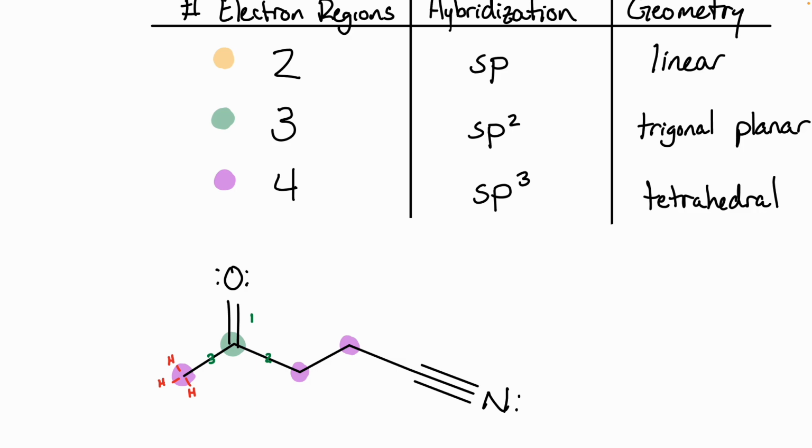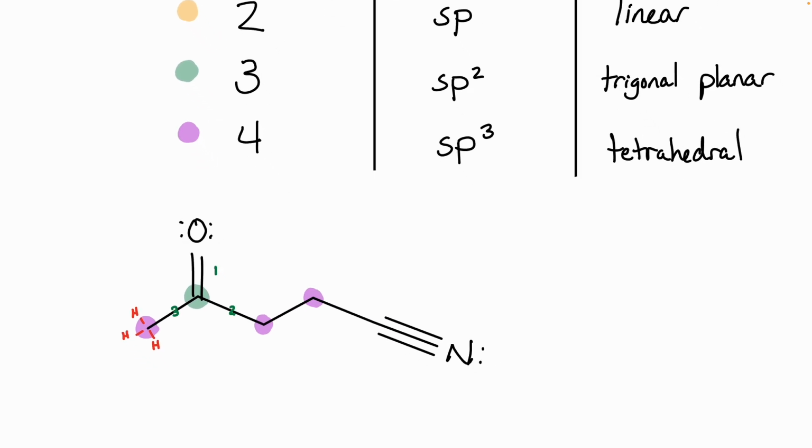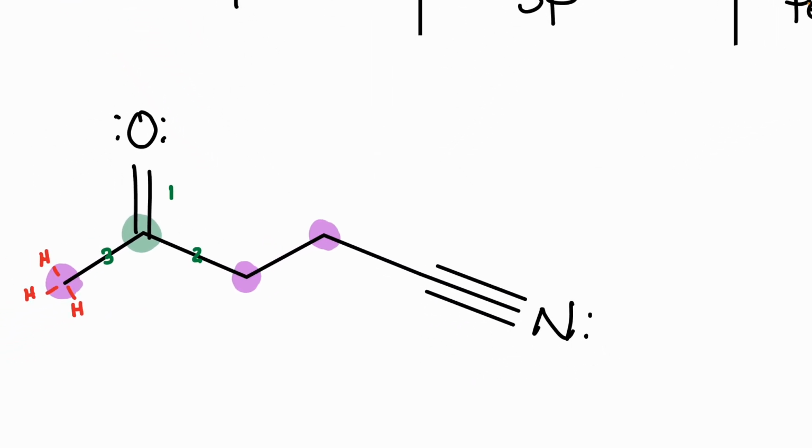Okay, lastly, and these carbons are really easy for people to forget, there is a carbon at the end of this triple bond here. It's triple bonded to the nitrogen on one side, and single bonded to the carbon on the other side. So there's a carbon here. How many electron regions does this carbon have? 2, right?